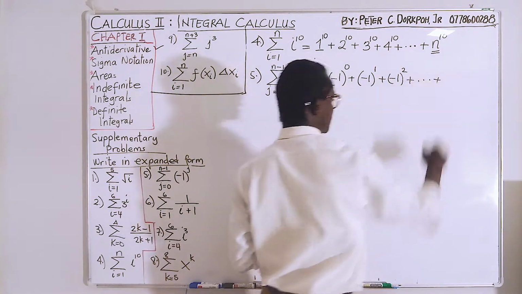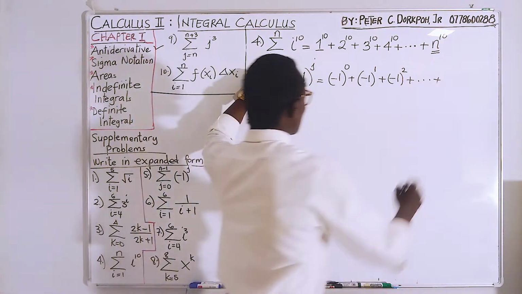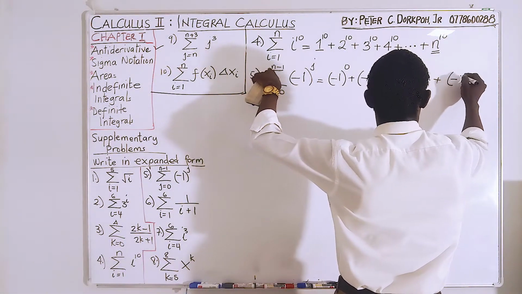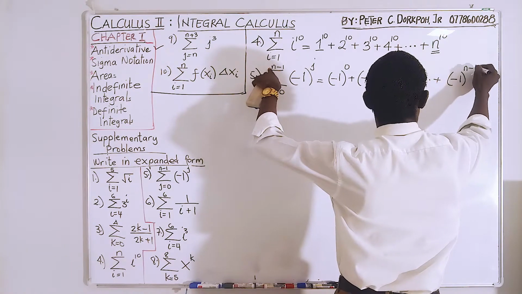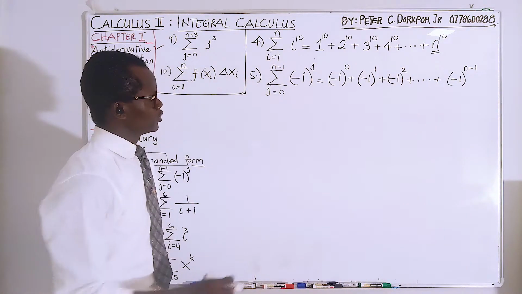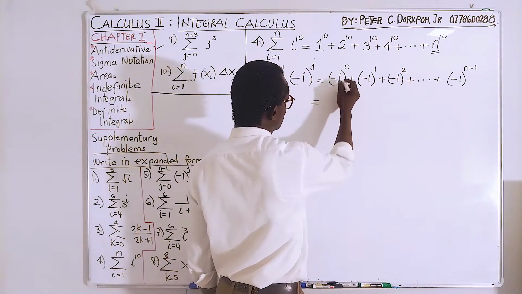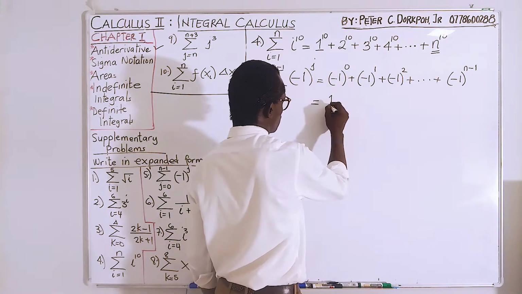You're not going to end until you reach the last one, which is now n minus 1. So therefore, if you further simplify this thing, any expression raised to the power 0 is just 1.